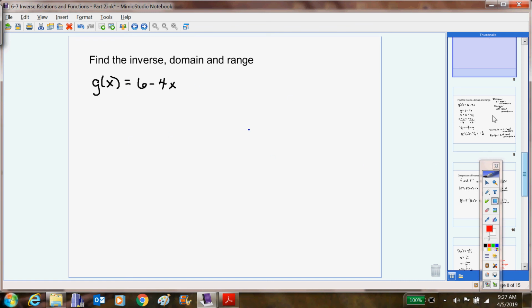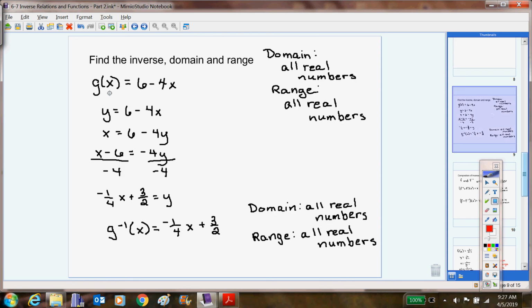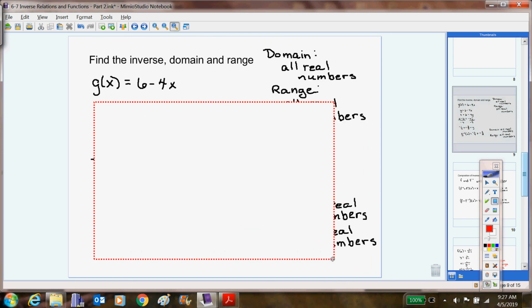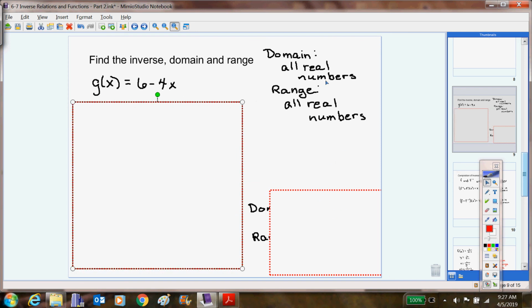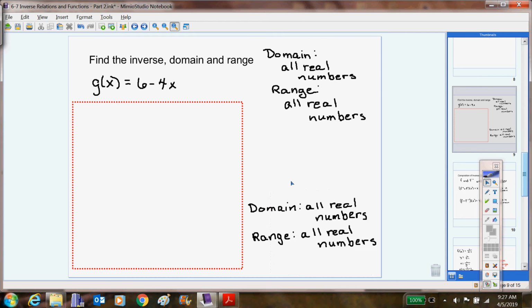So our domain and our range for our original is all real numbers. And even for our inverse, if you switch them, we still get all real numbers and all real numbers. So before we even find our inverse, we know that our new domain and range for our inverse is all real numbers, all real numbers.